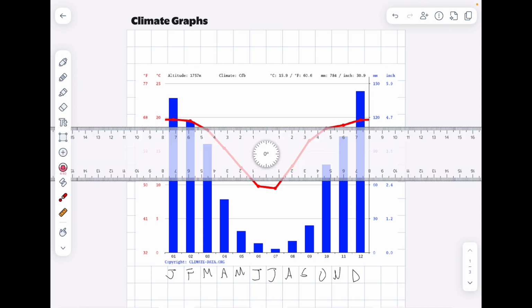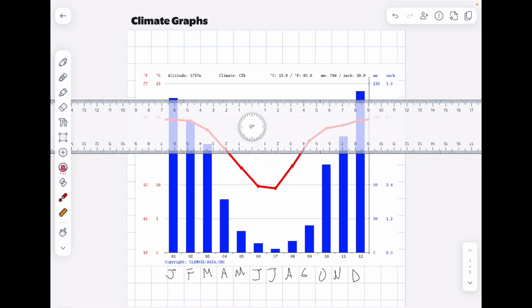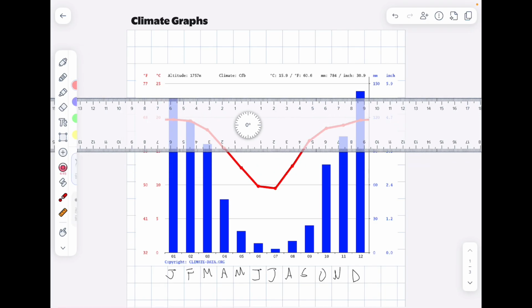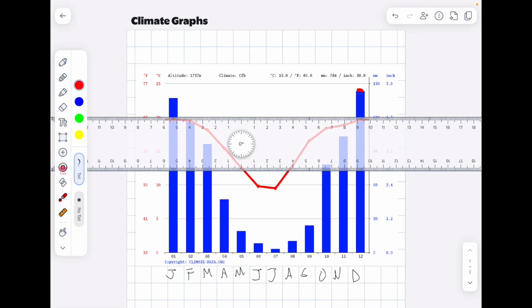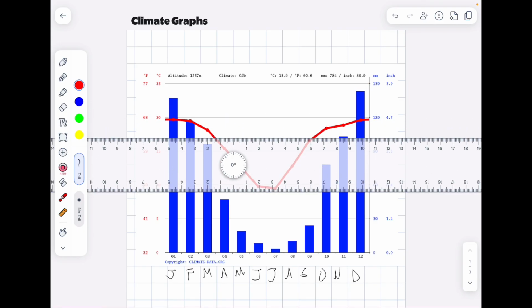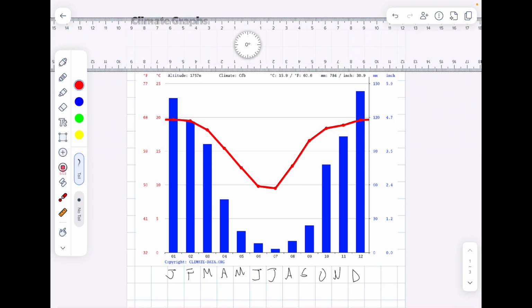And we can take out our ruler and take it to the top and measure all the way across. And we can see there's actually one more month that's higher than January. It's December. So it looks like it's getting about 140 millimeters a month, maybe more. So December then is our wettest month.